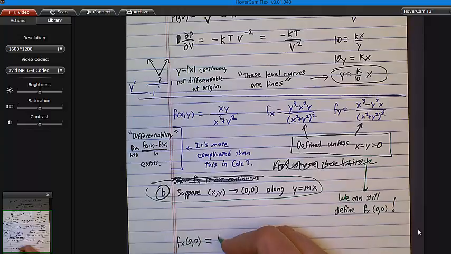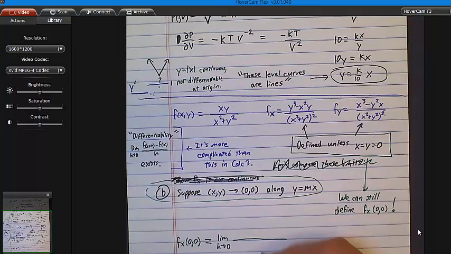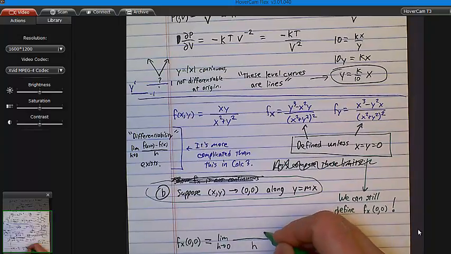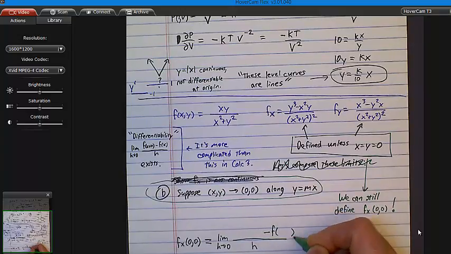It's the limit as h approaches 0 of what? Let's do the denominator. It's h. We are always subtracting f of something, but if I'm plugging in 0, 0, it's actually f of 0, 0 right here.